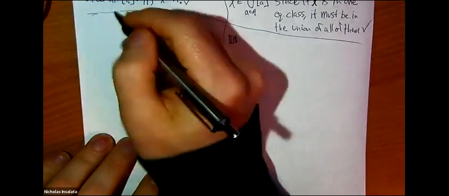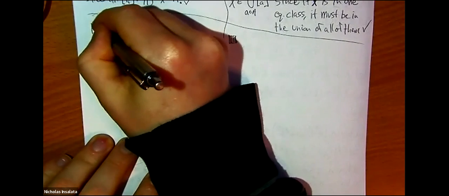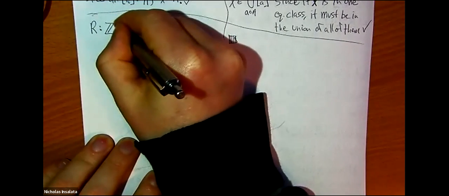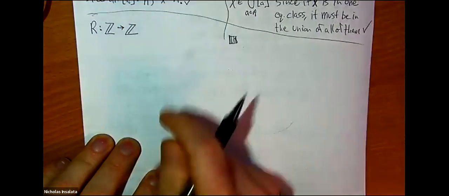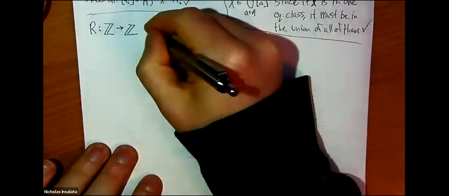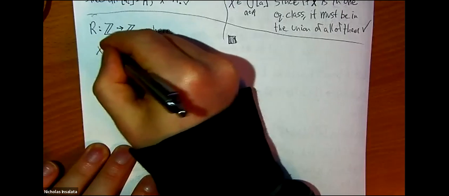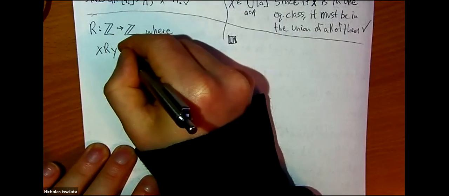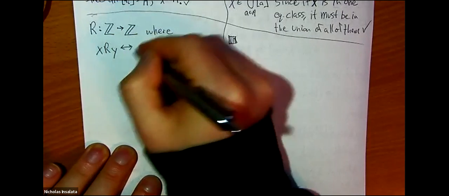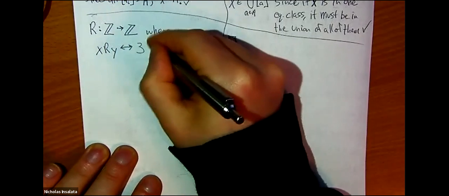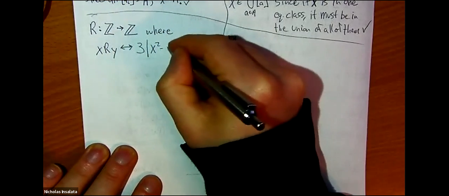We have a relation over the integers where x relates to y if and only if 3 divides x squared minus y squared.